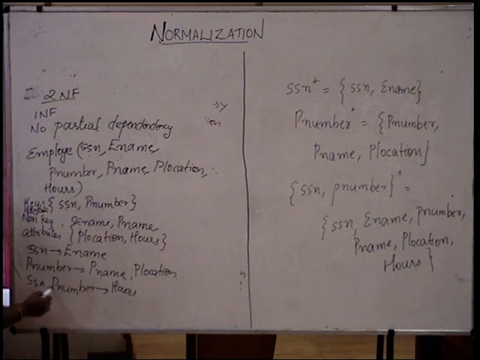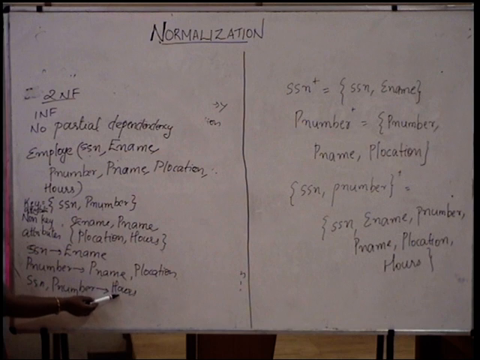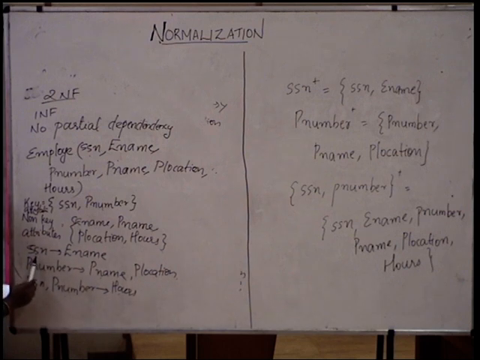See, SSN P number is a key which directly determines, like SSN P number determines hours. Here part of this composite primary key is determining another attribute. That is, there is a functional dependency from part of this composite primary key to a non-key attribute.